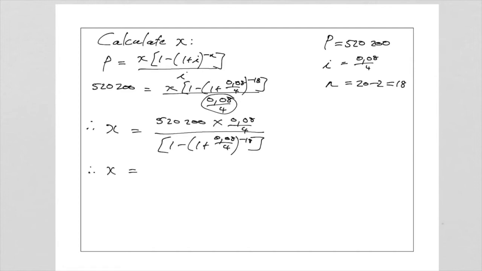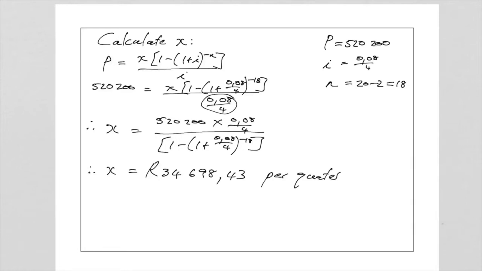So now on our calculator, we put this whole fraction on, and I hope you will agree with my answer for X. I've got 34,698.43. So please take note, this is the quarterly payment. That is what we need to pay per quarter.